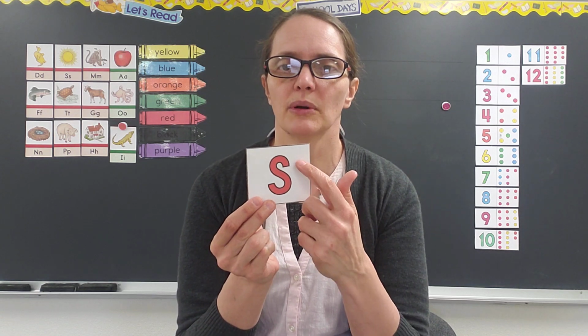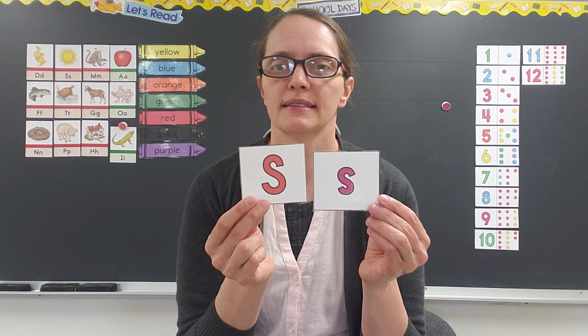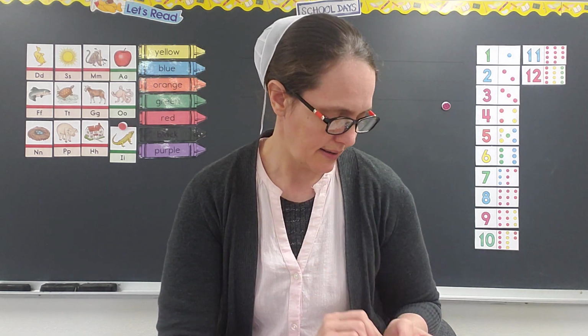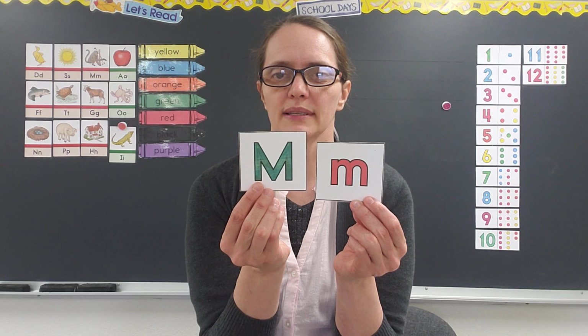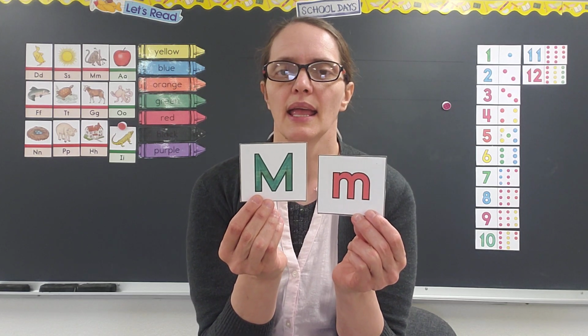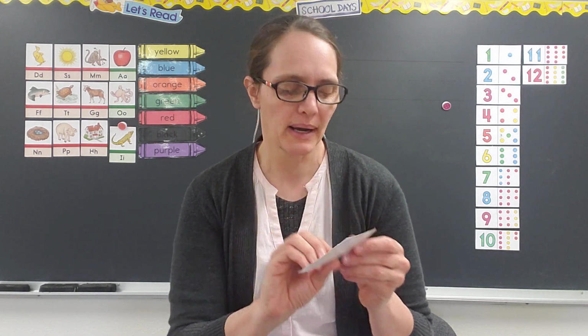That one's easy to remember because it looks like a snake and it says S, like snake. This one. What is this one, children? Let's say it together. Are you ready? M. And M makes the M sound, like monkey.